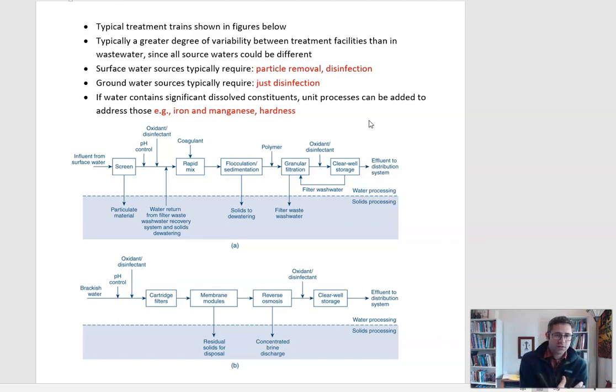So, for example, in the city of Newburgh, we have a groundwater system. Wells provide drinking water to the drinking water treatment plant. And in theory, all we would really need is chlorination and maybe some pH control to protect against corrosion in the distribution system. But our groundwater tends to have a lot of iron.